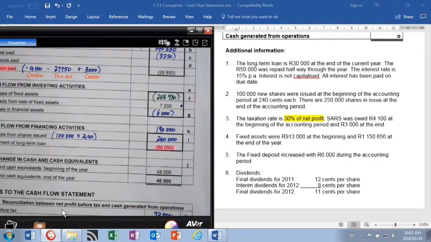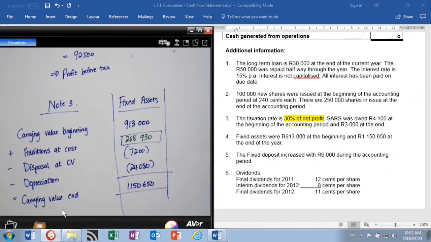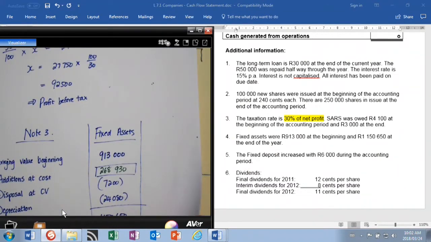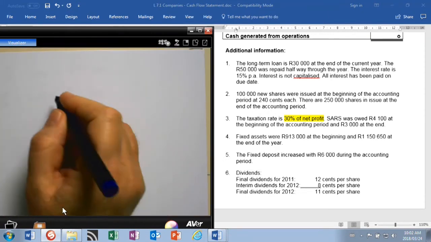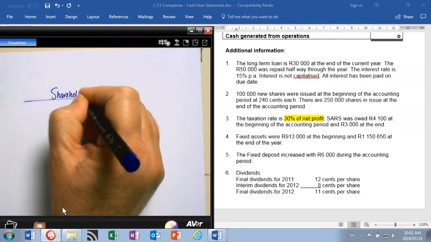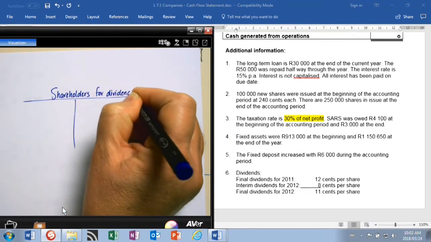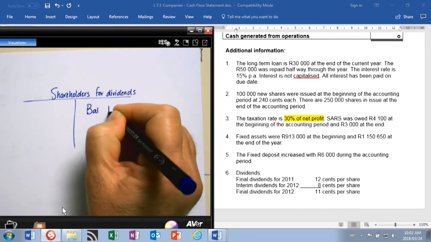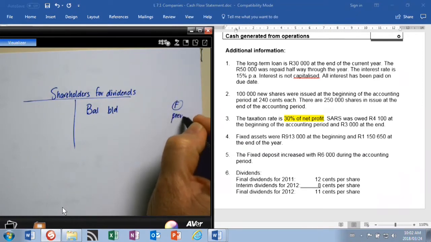Dividends: the final dividend for last year, the interim dividend for this year, and the final dividend for this year. If this is your shareholders for dividends account, the balance that we start there, balance brought down at the beginning of the year, is the final dividend of the previous year.